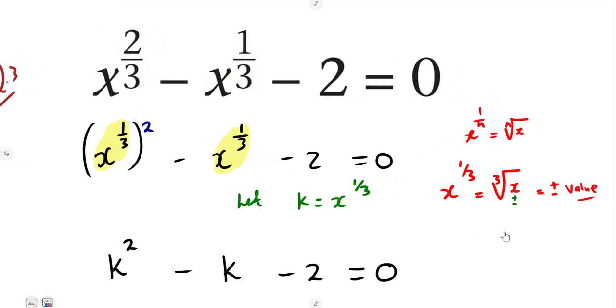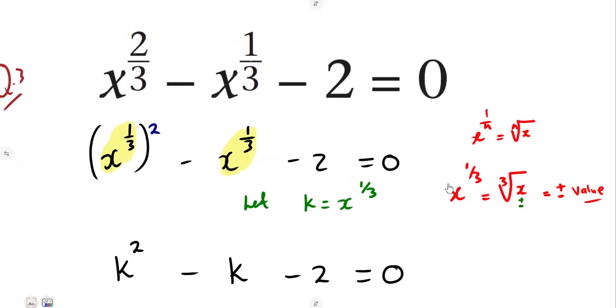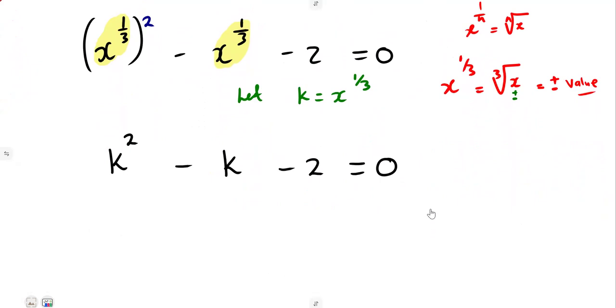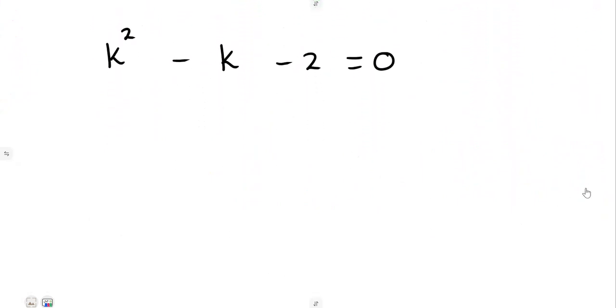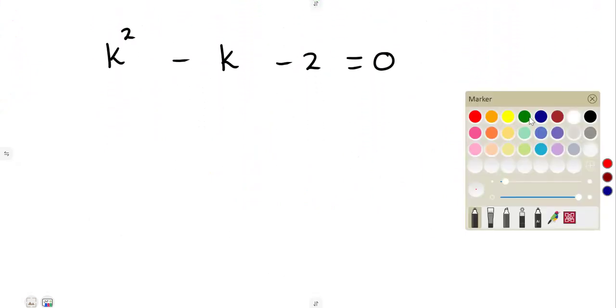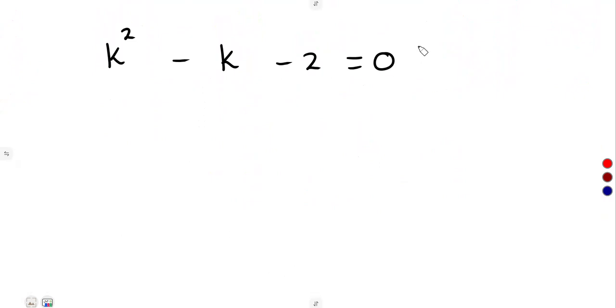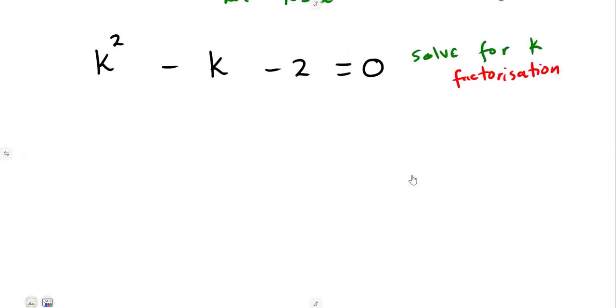So use that to answer any other questions you're going to have. Anyways, like I said, here we've got a new equation to be solved in terms of k. So simply solve for k, which we can do using our factorization concept. So if we are to apply the factorization method, this one is direct.